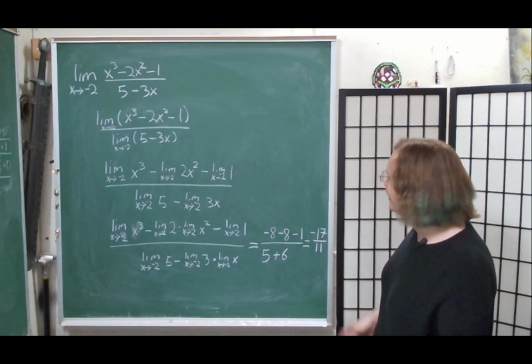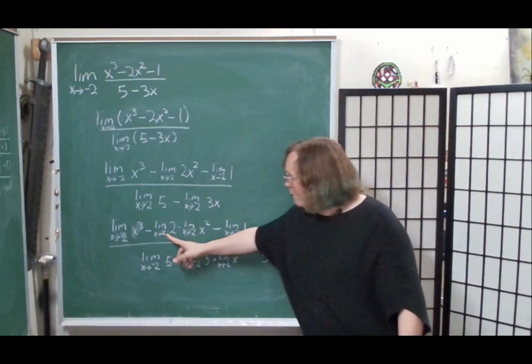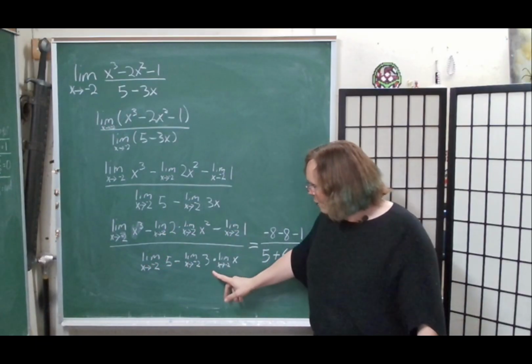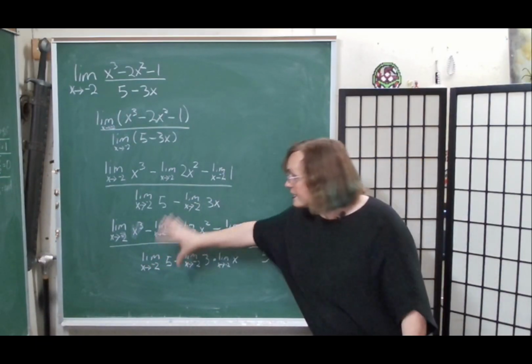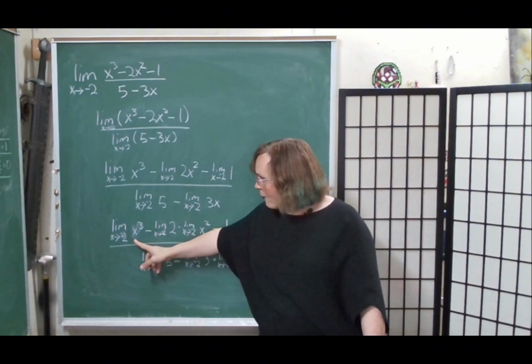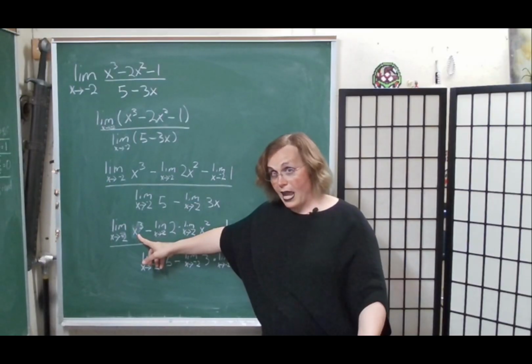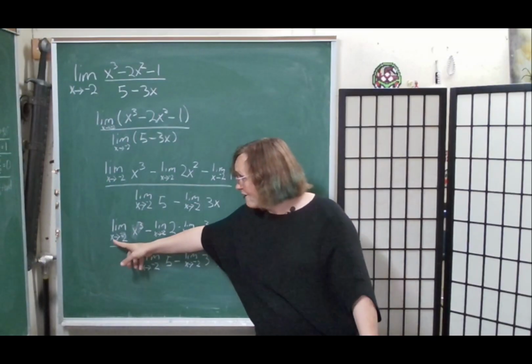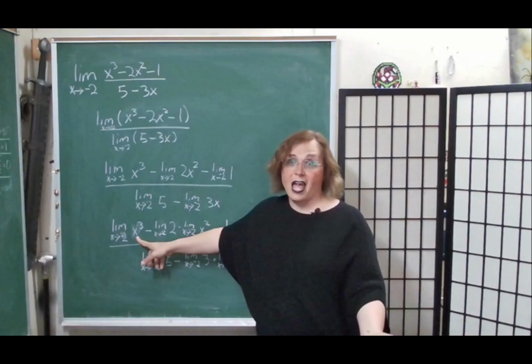So we apply the product law here, we apply the product law here, then I take the limits. Now when we take the limit here, we apply our power law that we had, that obvious one at the end, because we just have x as it approaches -2 going to x.